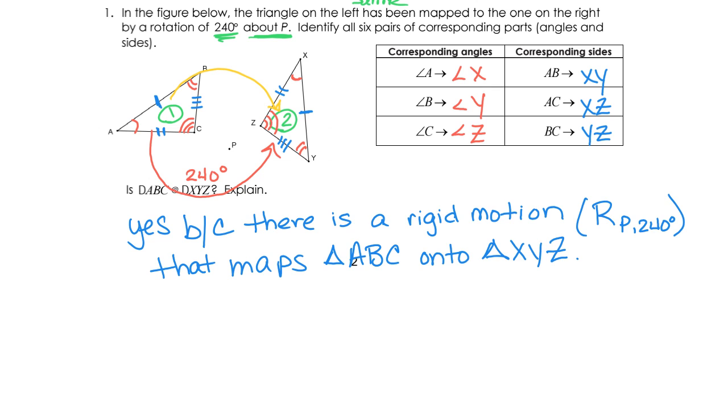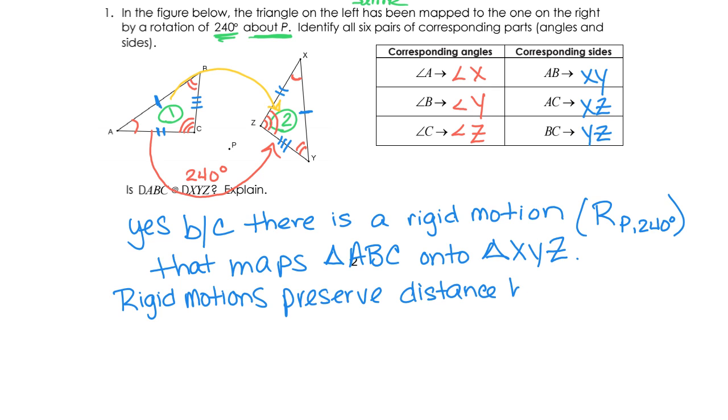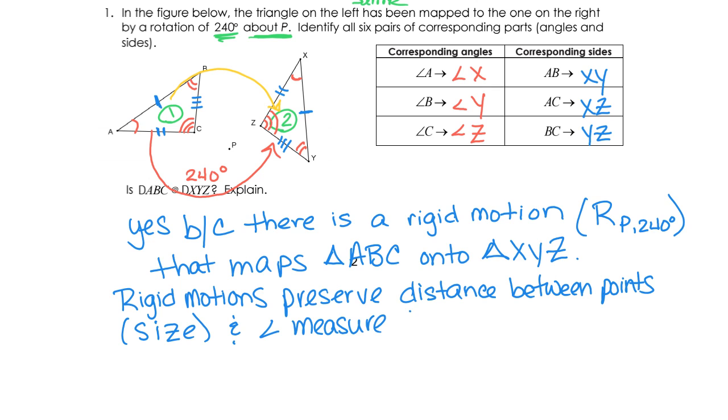Okay. And they said to explain, and so we're going to explain that rigid motions preserve distance between points, which is the size of the figure, okay, and angle measure, which is the shape of the figure.